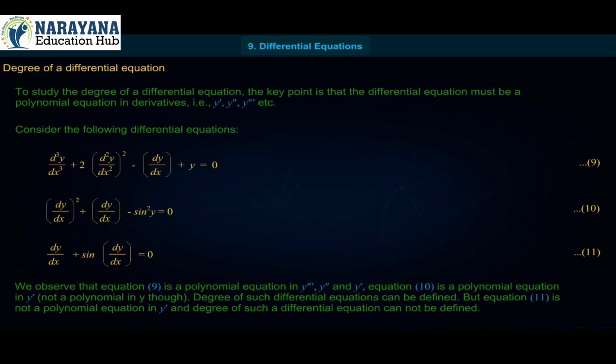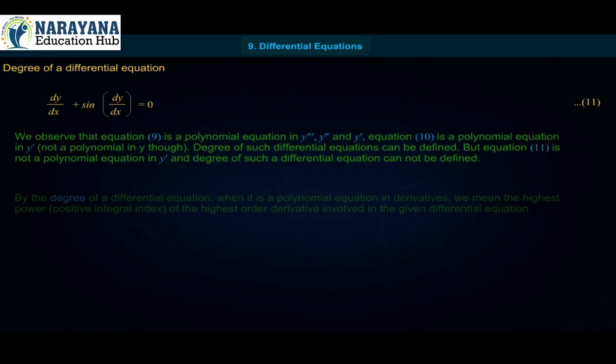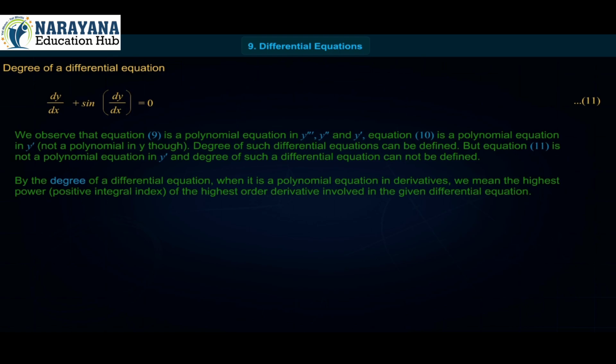The degree of such differential equations can be defined, but equation 11 is not a polynomial equation in y', and the degree of such a differential equation cannot be defined. By the degree of a differential equation, when it is a polynomial equation in derivatives, we mean the highest power, that is, the positive integral index of the highest order derivative involved in the given differential equation.